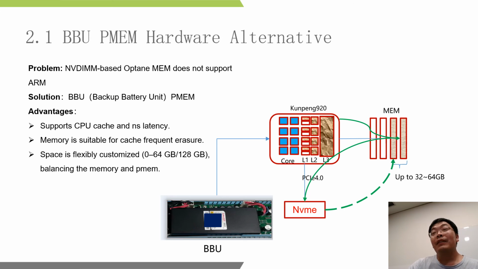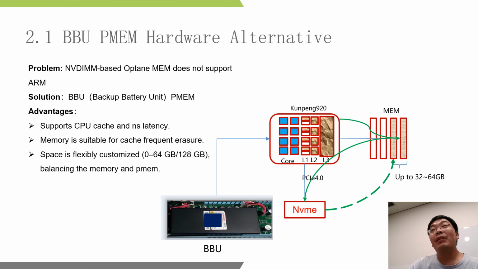In hardware, Optane memory does not support ARM servers, so we select the BBU PMemory for RBD persistent cache. In the BBU configuration, it can provide 38 GB to 64 GB of non-volatile memory space. The current RBD cache uses 1 GB, which can meet the requirement.